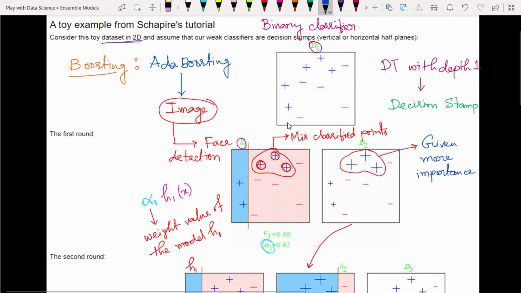First it is simple: using any regular decision tree, just apply it on these models, find the misclassified points and give more importance to those points. Okay, and find the accuracy, and according to this accuracy decide the coefficient value of these models.